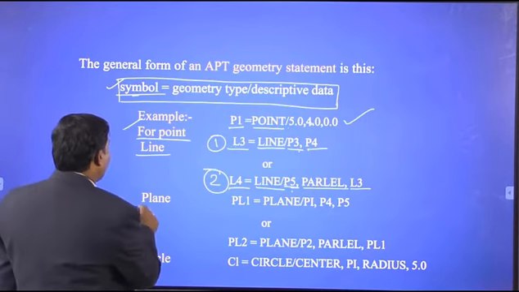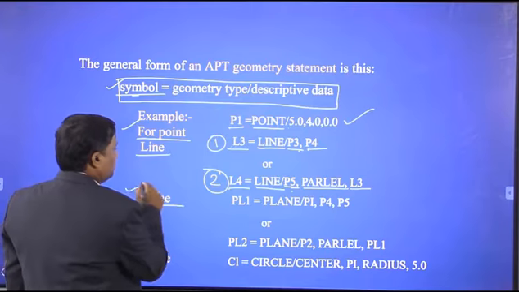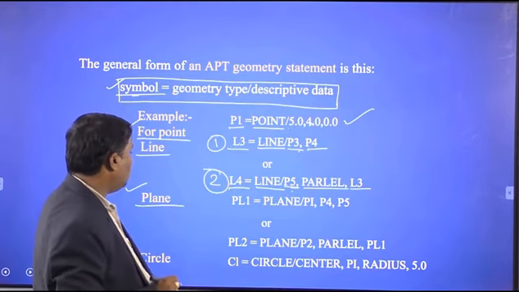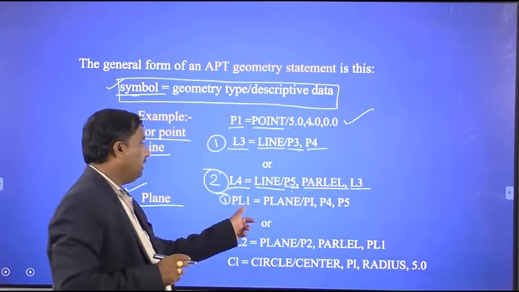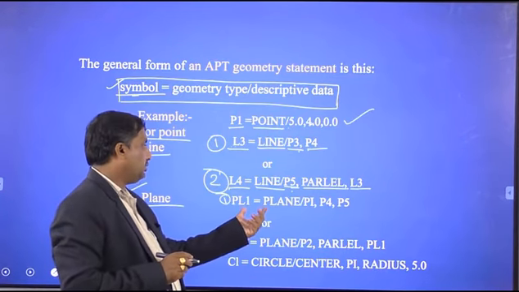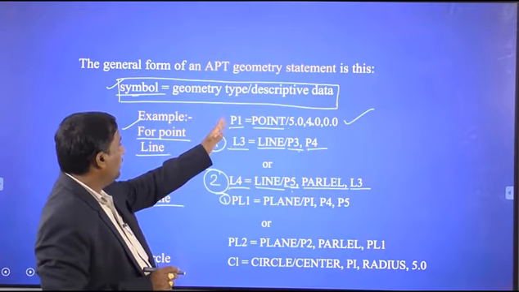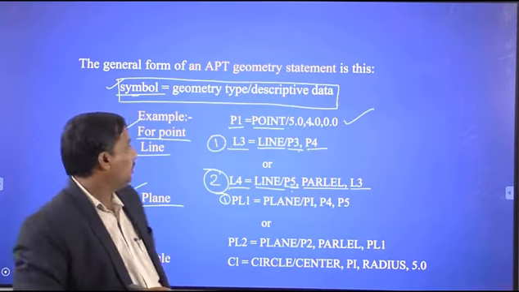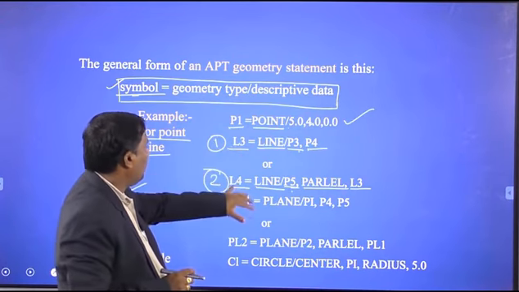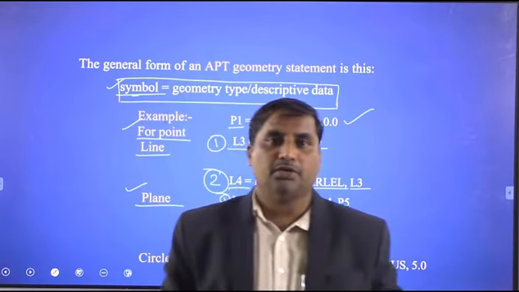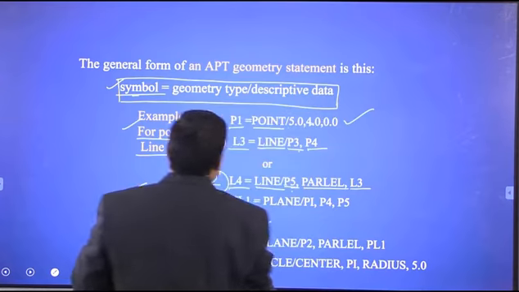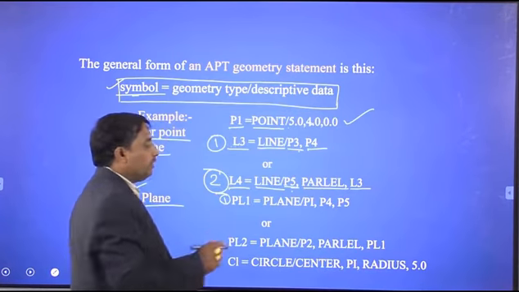Next we will go for the plane. For a plane also there are two methods. In one method, plane 1, the symbol is PL. Again, no need to specify P1, L1, L2, PL1 like this. Symbol is our choice. Next, geometry type follows the syntax.